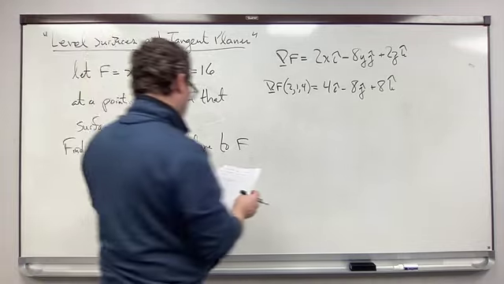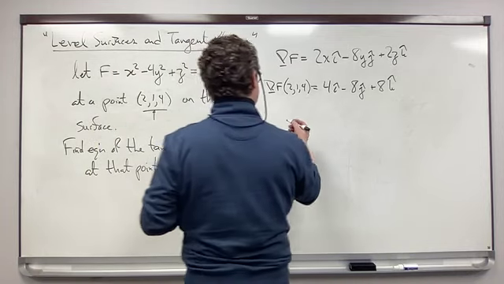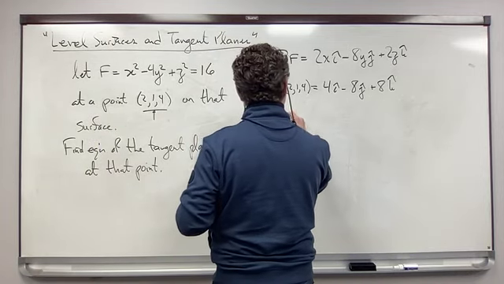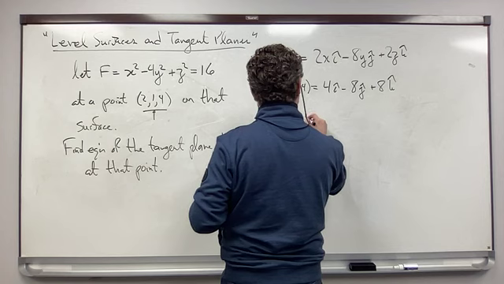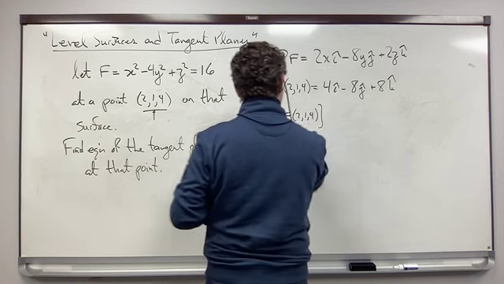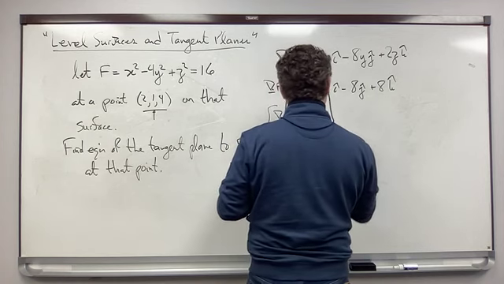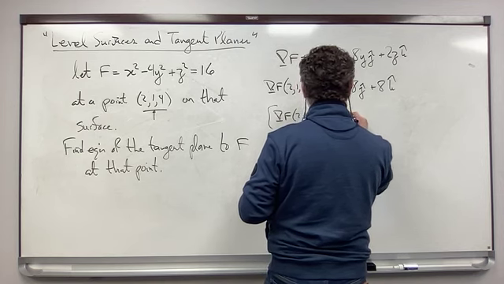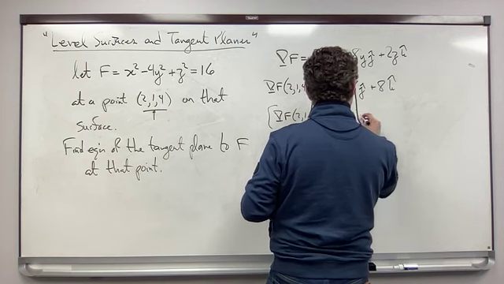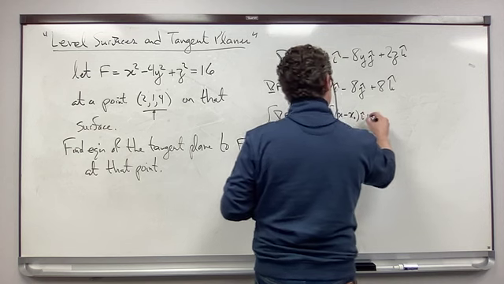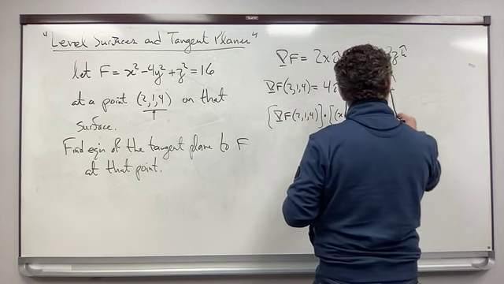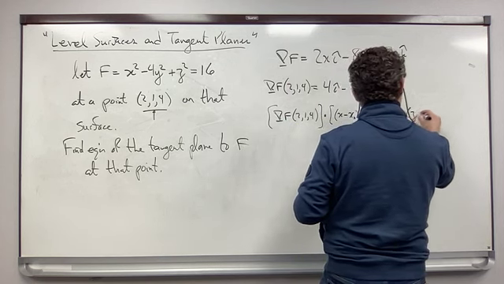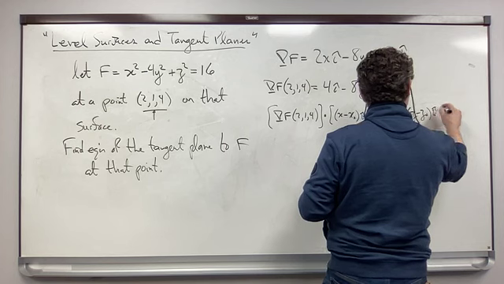You just say, okay, well, remember we're going to have the gradient of f at that point, that whole thing dotted into this x minus x naught i plus y minus y naught j plus z minus z naught k.